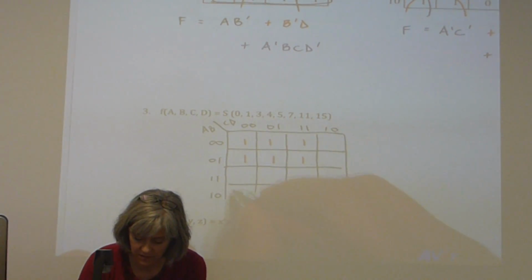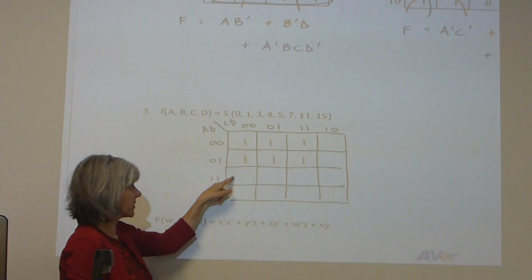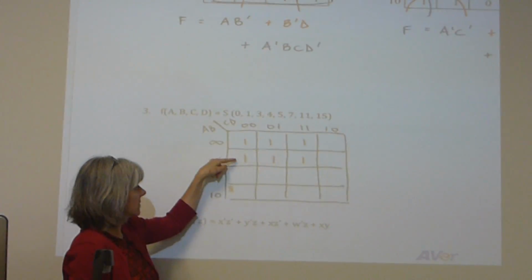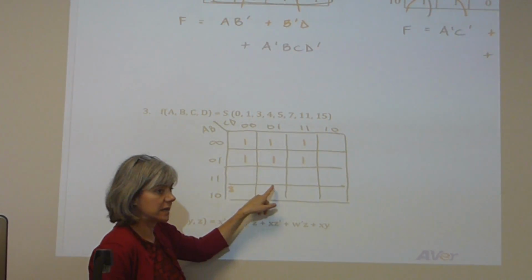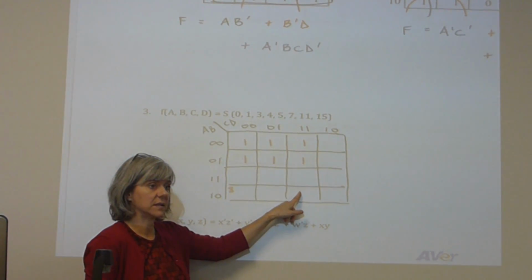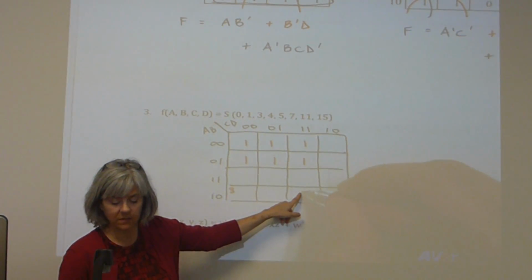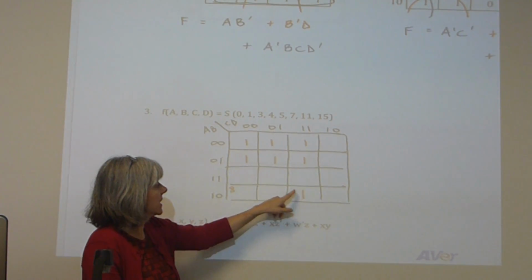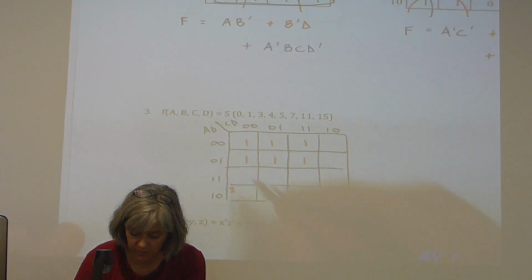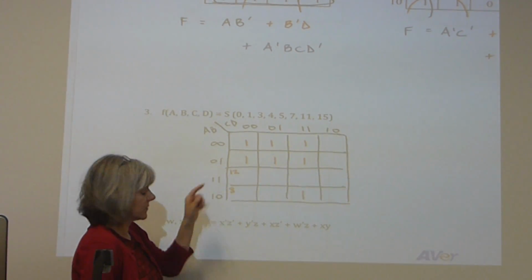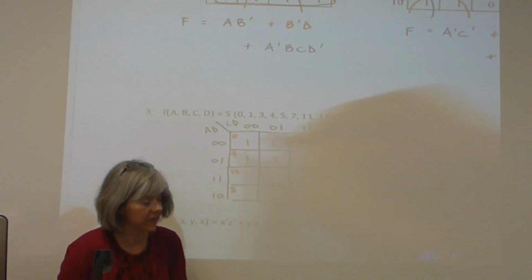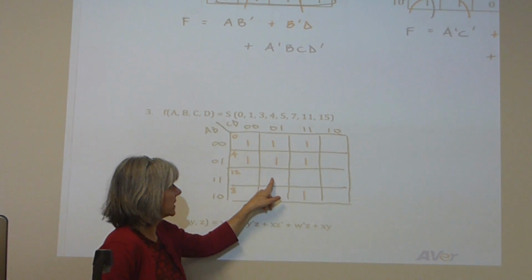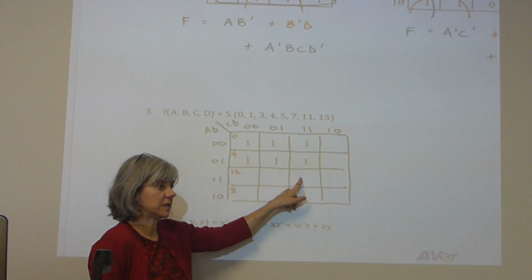This is 8. Not this row. So skip, come back. So I want 8, 9, 10, 11. And then I want 12, so 12 is up here. 0, 4. And then I need 12, 13, 14, 15.